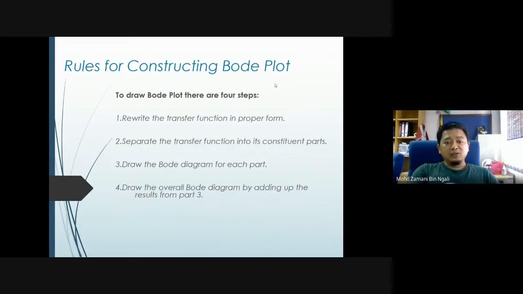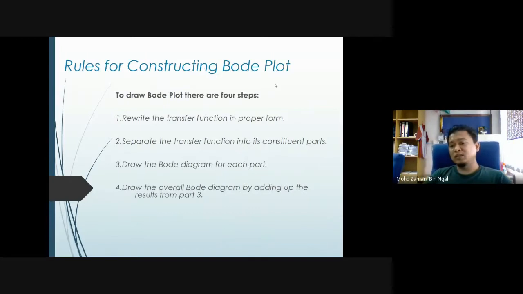There are 1, 2, 3, 4 steps in drawing a Bode plot. First is to rewrite the transfer function in a proper form. I'll show you later. Then from that proper form, we will separate the transfer function into its constituent parts, meaning we will have a number of parts to solve within the transfer function. Then we draw the block diagram for each part.